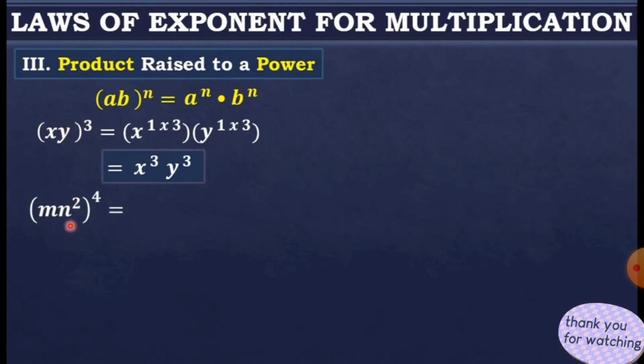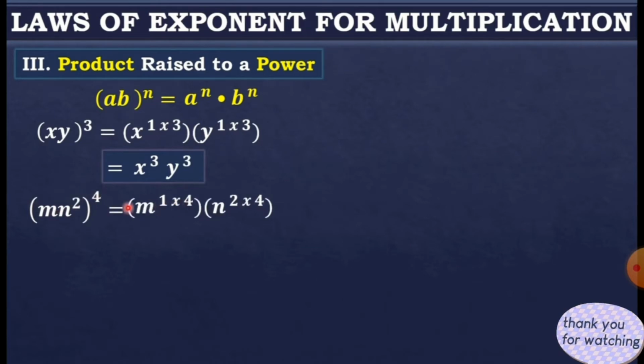Next example, we have mn squared raised to the power of 4. Again, we have to separate m and n. Okay? And we will multiply the exponents of m and n. So, first, m. So, m, merong exponent yan na 1. So, we will distribute yung exponent na 4 sa loob ng mga exponents. So, m, 1 times 4, si n, that's 2 times 4. Bakit 2?